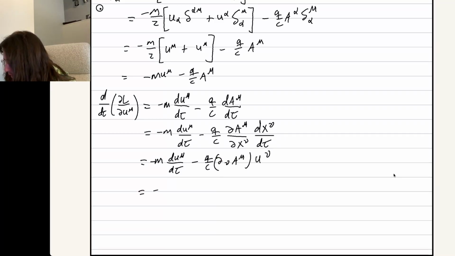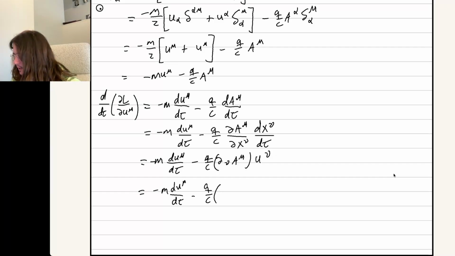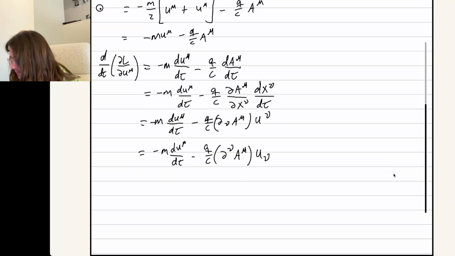Because we're summing over indices anyway, we can switch around the order of superscripts and subscripts. So this is ∂_ν A^μ, and this is going to be u_ν. It's still the same dot product.